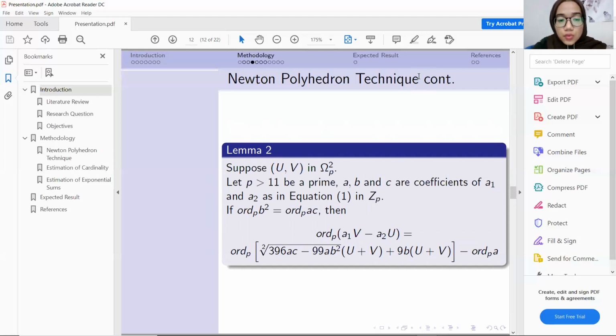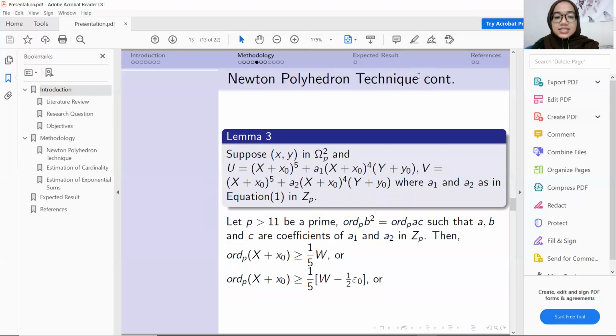We can see that we let p greater than 11 be a prime. It is because we want to have an 11-degree polynomial. If you want to have a 7-degree polynomial, we can use let p greater than 7 be a prime. And this is lemma 3.